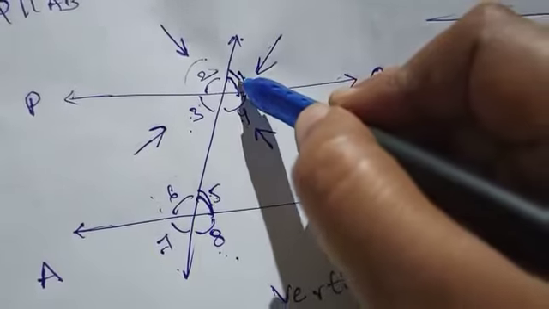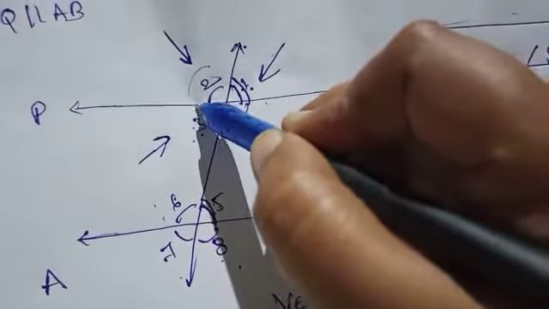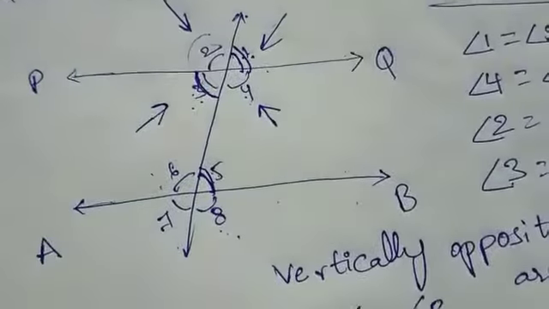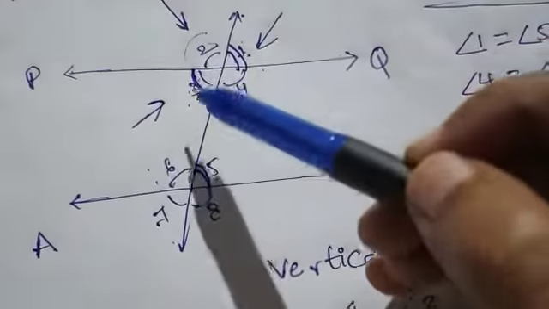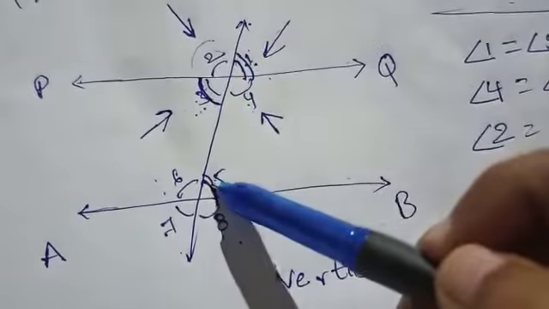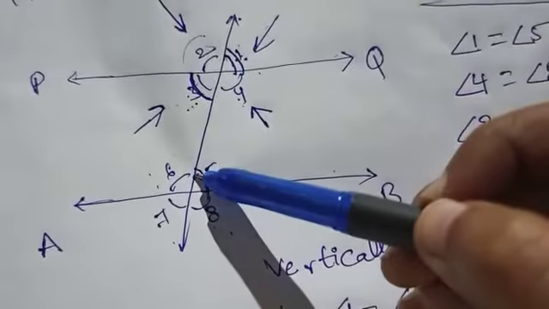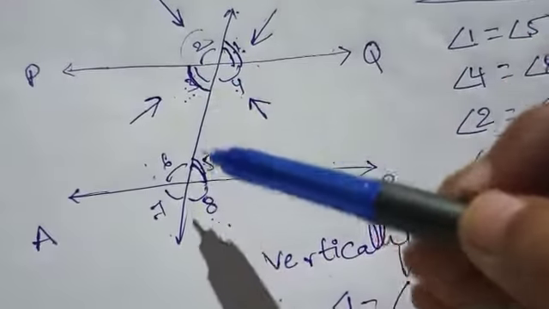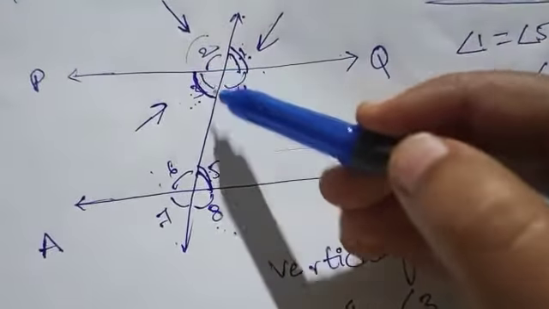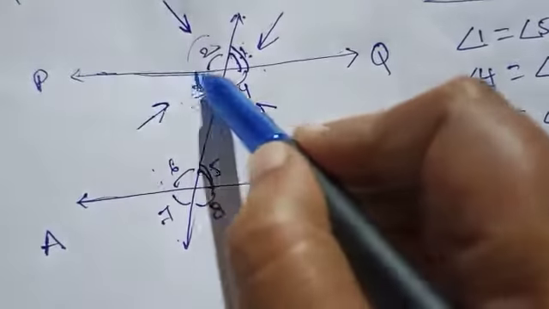And 1 is equal to 3. 1 and 3 are vertically opposite angles, 1 and 5 are corresponding angles. Then 3 equal to 5.